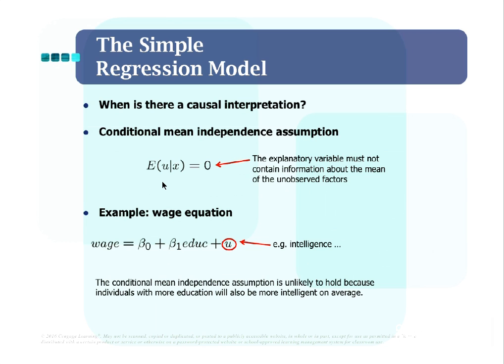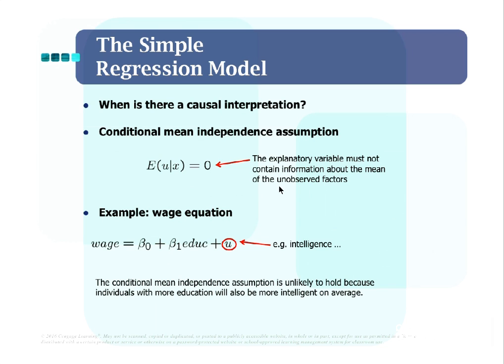If you don't understand conditional mean or other things, simply remember that this statement basically means that the explanatory variable x here must not contain any information about the mean of the unobserved factors, or the disturbance term, or the error term.